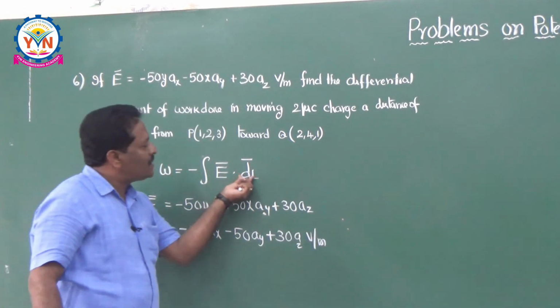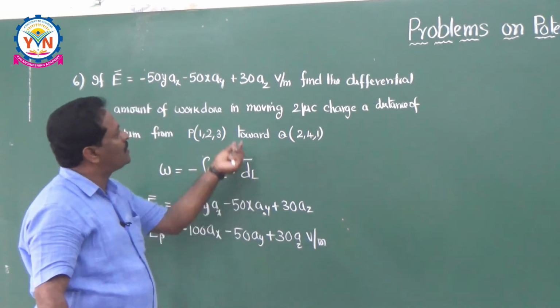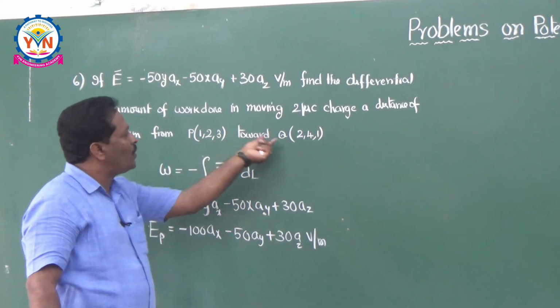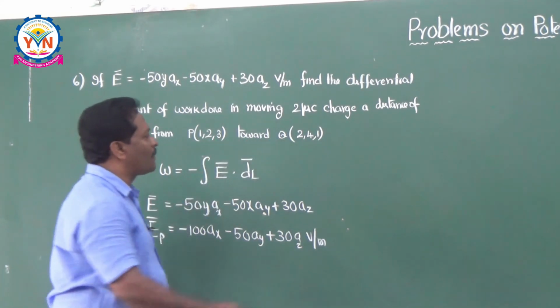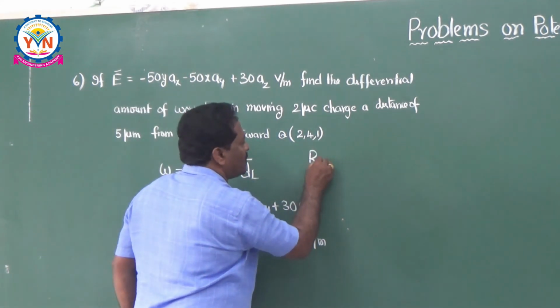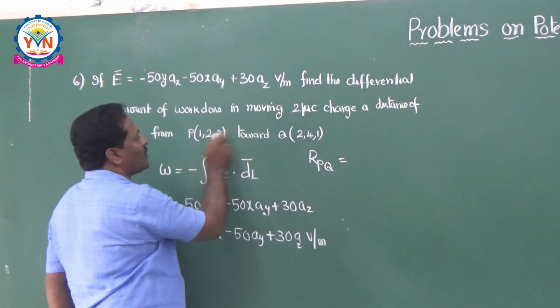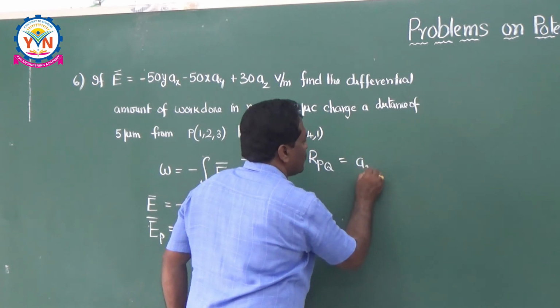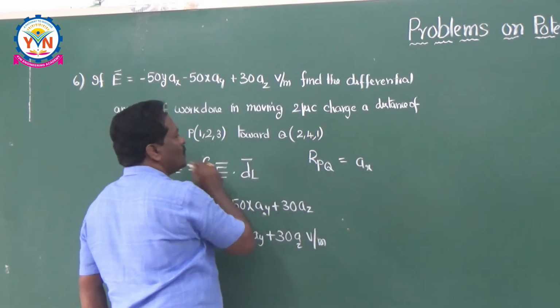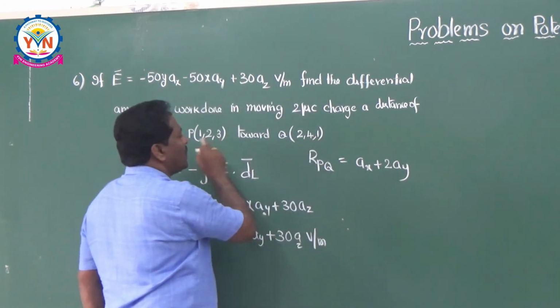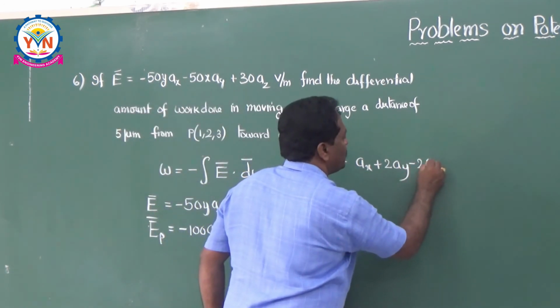So the distance is, he is moving this charge 2 microcoulombs from the point P to Q. So what is the distance here? RPQ is equal to distance between the 2 points, is equal to destination minus source: 2 minus 1 Ax, 1 into Ax, 4 minus 2 plus 2 Ay, and 1 minus 3, minus 2 Az.